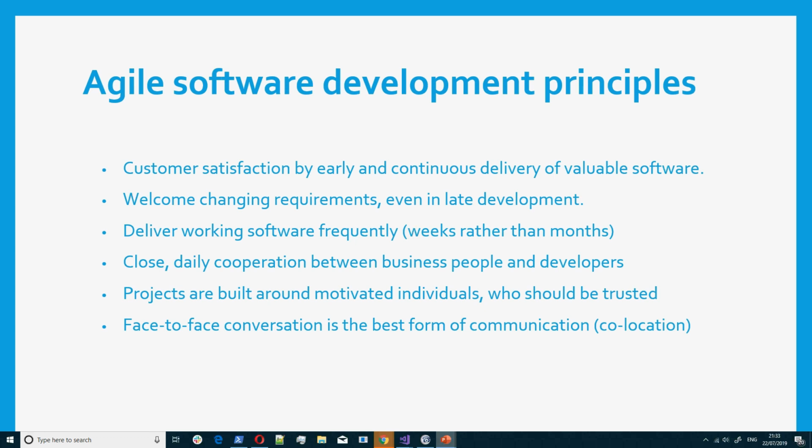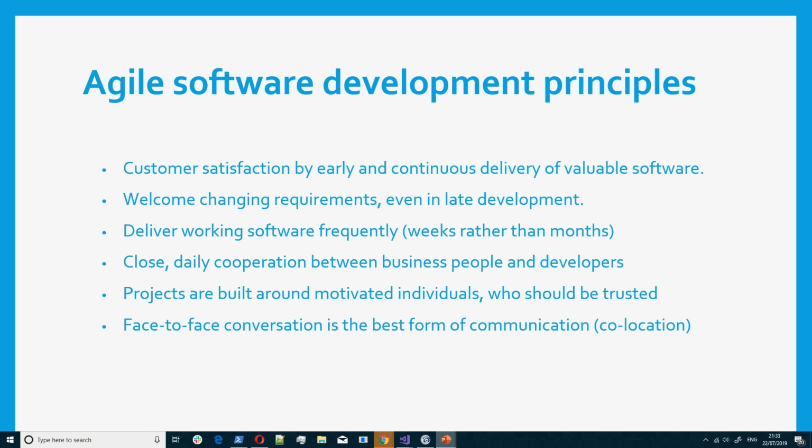And also you have to deliver your software frequently, in weeks or months. In some cases, you might have 2 week sprints, and you have to deliver to the clients. Also, one thing that is very, very important in Agile is communication and cooperation between the business people or stakeholders and developers.